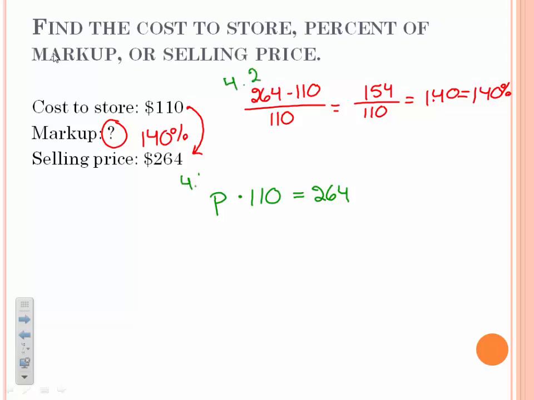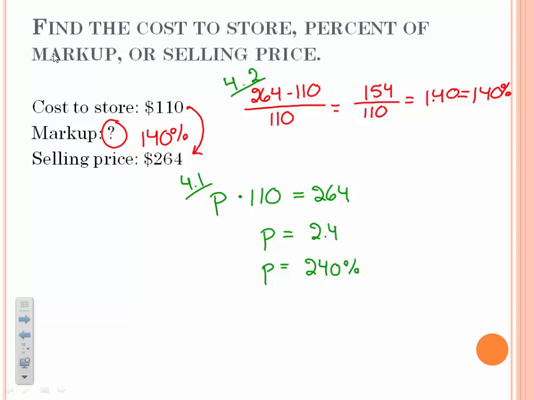Now we're using the method from 4.1. Okay? So then when you divide 110 to both sides, you find that this is 2.4, which gives you a percent of 240%.